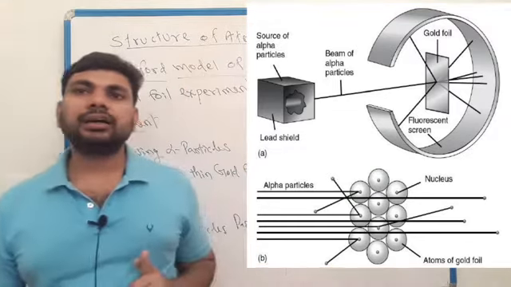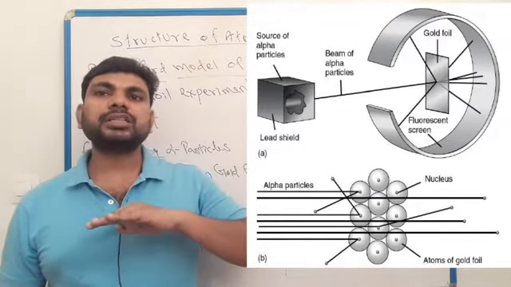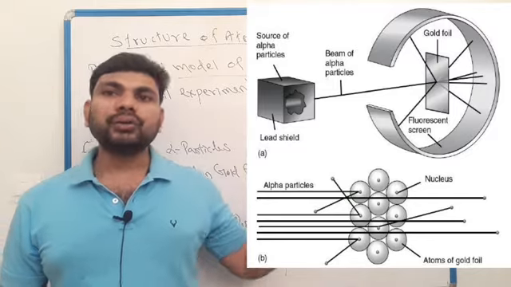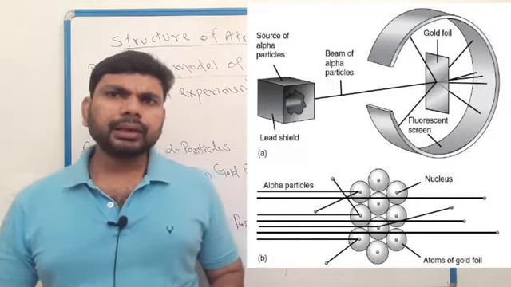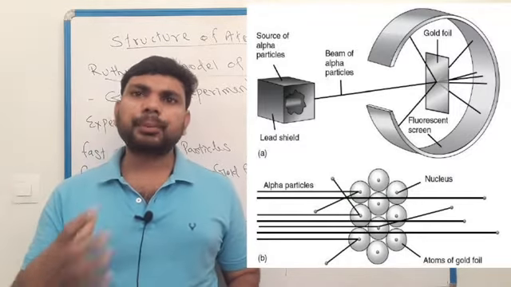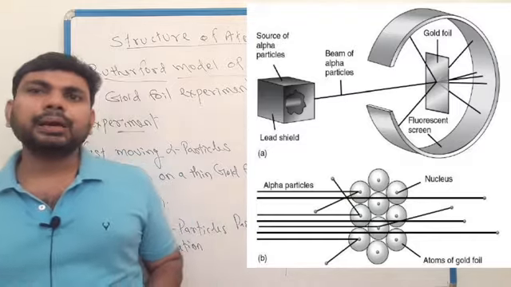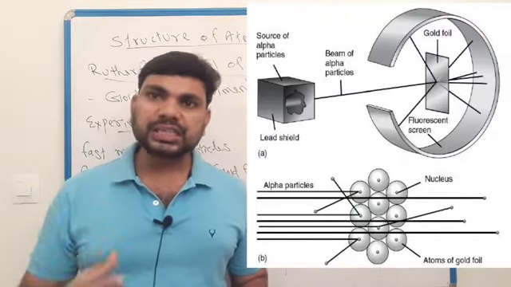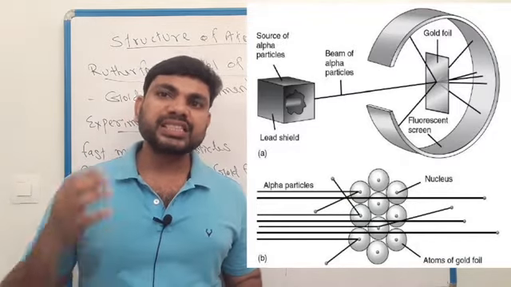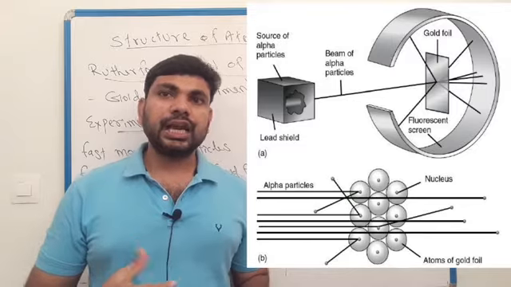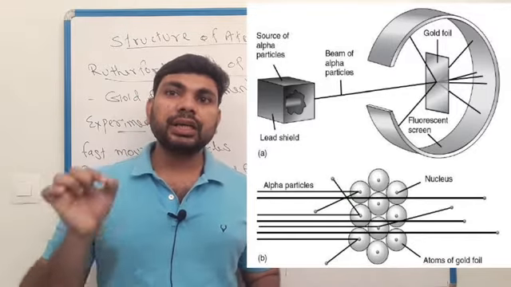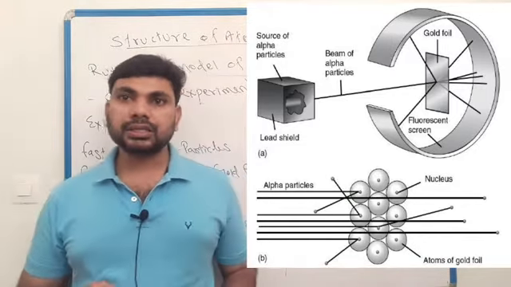You can see in this picture the alpha particles hit the gold foil. He selected alpha particles for this experiment because positively charged alpha particles have higher energy. That's why he selected alpha particles.